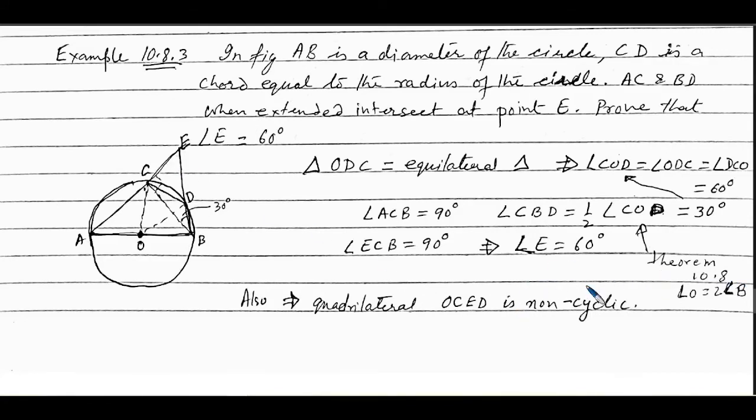Also quadrilateral OCED is non-cyclic, because this is 60 and this is 60. The sum of opposite angles is not becoming 180, but it is 120. So we saw that to be cyclic, the sum of opposite angles has to be 180.